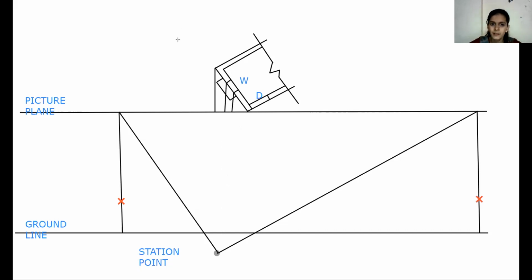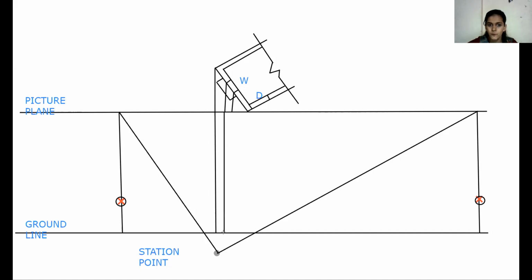So from here we can draw vertical lines. Here is a vertical line.